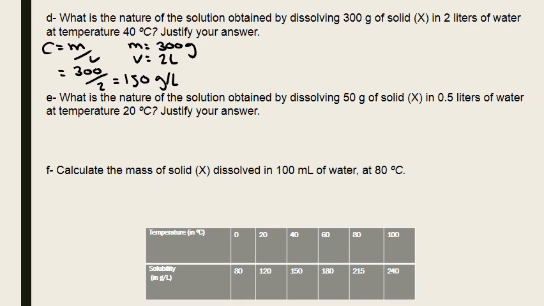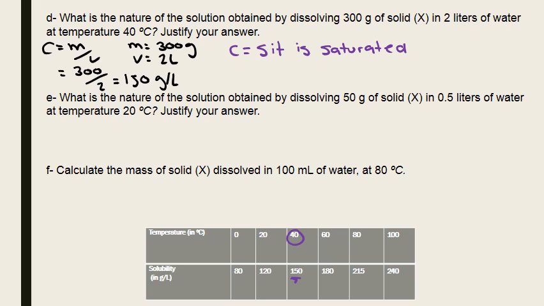Now, nature means whether it's saturated or unsaturated. So here we look at 40 degrees. At 40 the solubility is 150, and remember when we said that when concentration equals solubility, it is saturated.